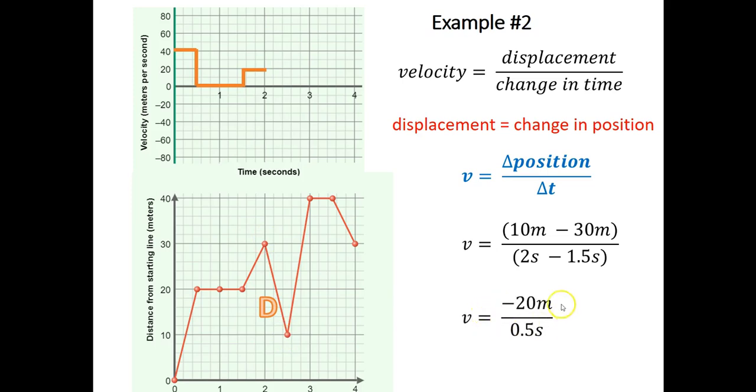It ends up with the same value, negative 20 meters divided by 0.5 seconds. Gives us negative 40 meters per second. So all the way down from 2 to 2.5 seconds at negative 40, just like this. And then connect.